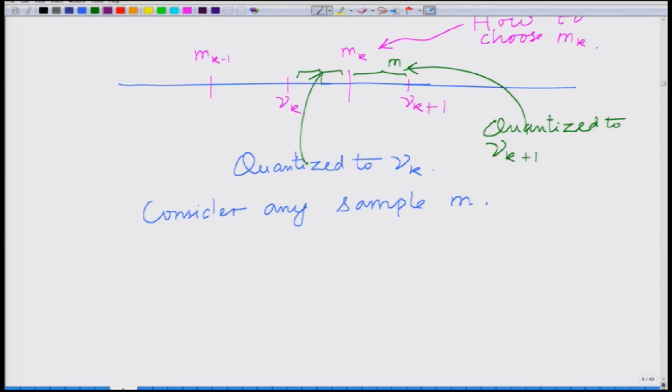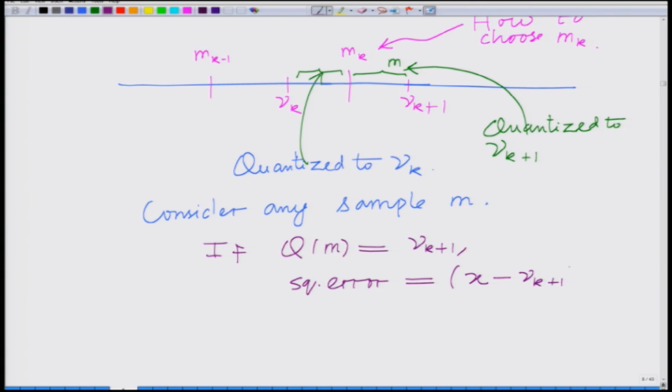If m is quantized to nu k plus 1, that is, q of m equals nu k plus 1, then the square error equals m minus nu k plus 1 whole square.